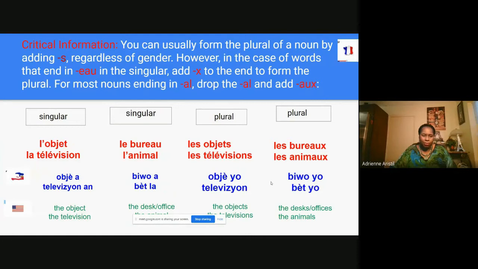Okay, some examples. For singular, l'objet, la télévision, le bureau, l'animal. You can see the meaning at the bottom, the English equivalent. L'objet. This is a cognate word. We will talk later about cognate words, but I can tell you now what they are.